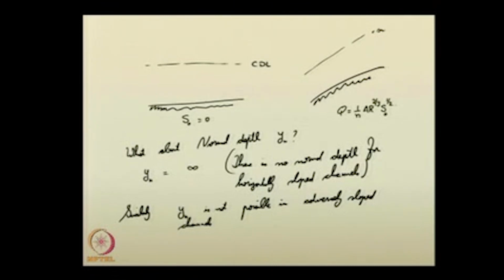This was the Manning's equation for uniform flow, if you recall that. As S naught is equal to 0 in horizontally sloped channels, your y n cannot be inferred. Similarly, as S naught is negative, you cannot have the root of a negative value and subsequently compute y n. So, y n is not possible in adversely sloped channels as well.